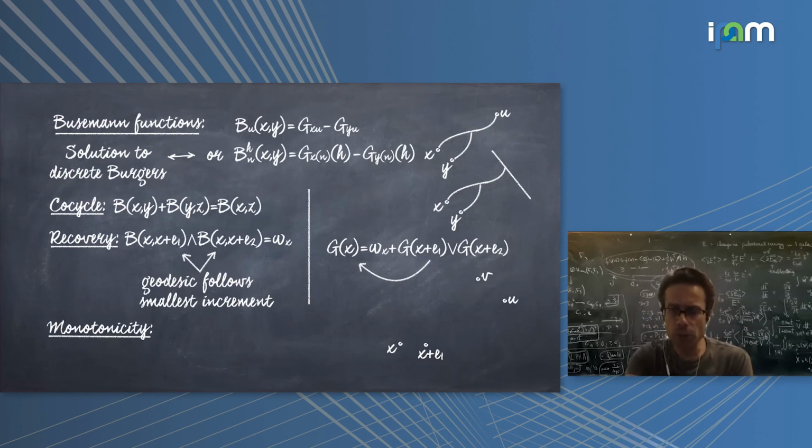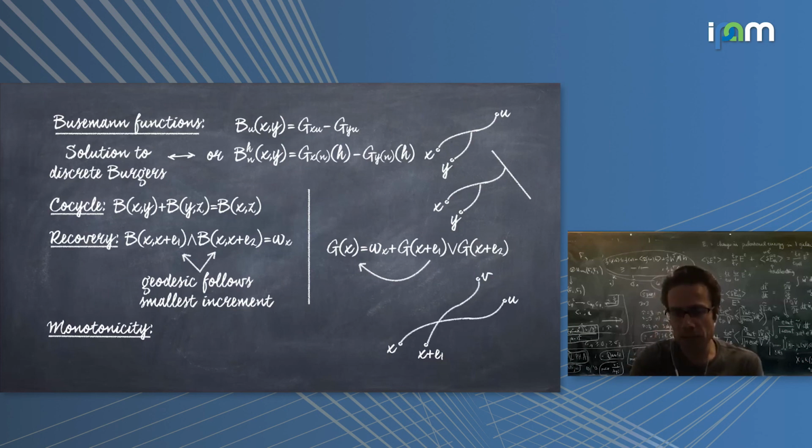So if you put the terminal points on the anti-diagonal, then you can use the fact that, that's where two dimensions comes in, to go from x to u, and to go from x plus E1 to v, these two paths have to cross.